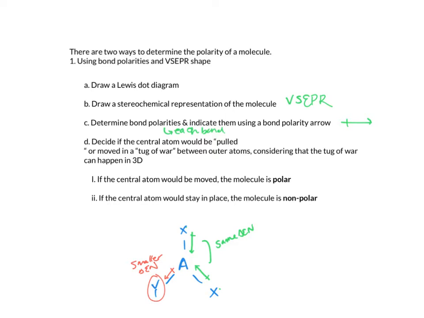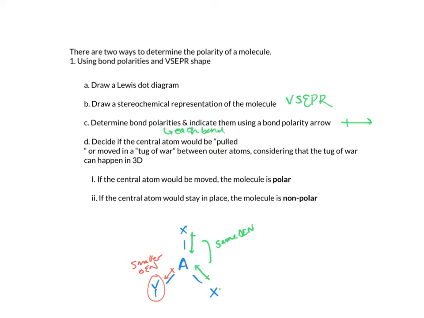All right, if we consider this as a tug of war, think about what's happening. So these two that are the same are pushing in on A together. If this was pushing in the same amount, A wouldn't move, and we could say that this is nonpolar. However, these two are pushing in on A, and they don't quite cancel out. Together they push A a little bit this way.